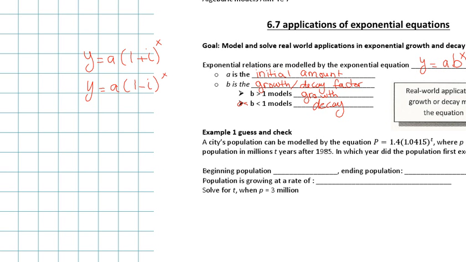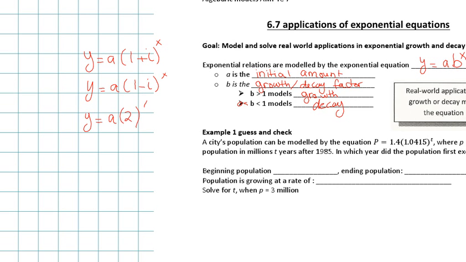We also have two other versions of the exponential growth and decay, and that would be the doubling time and the half-life. So when something is doubling or when something is half-life, okay? That would be a little bit different, still the same idea. So it will be y equals a. Now for the doubling, it's going to be 2 to the power of x over d.